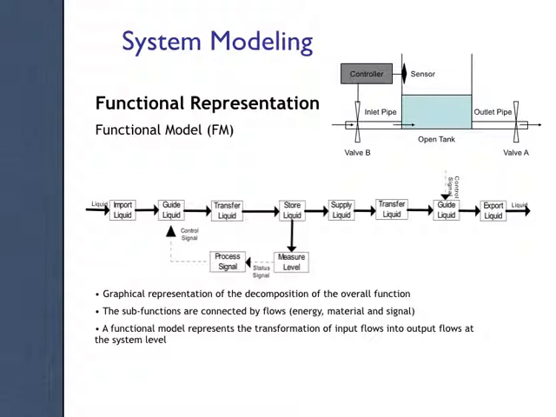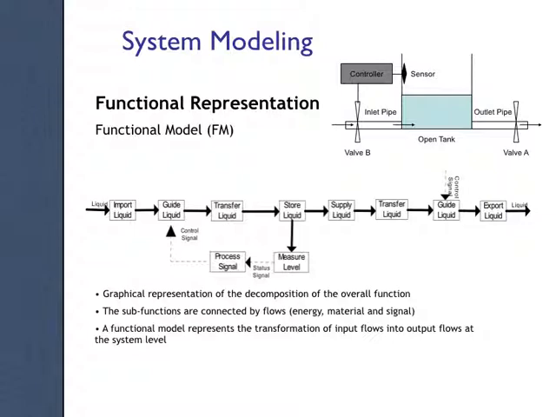So we have liquid coming in, it's being imported, guided, transferred, stored, right? So for example, the store liquid is the tank, right? It's supplied and transferred, guided, and exported. And then you can see on the bottom side right here that there are functions for the control aspect of the system, right?